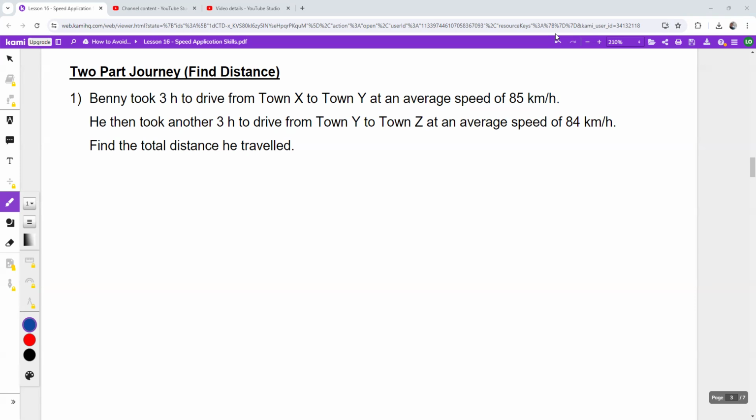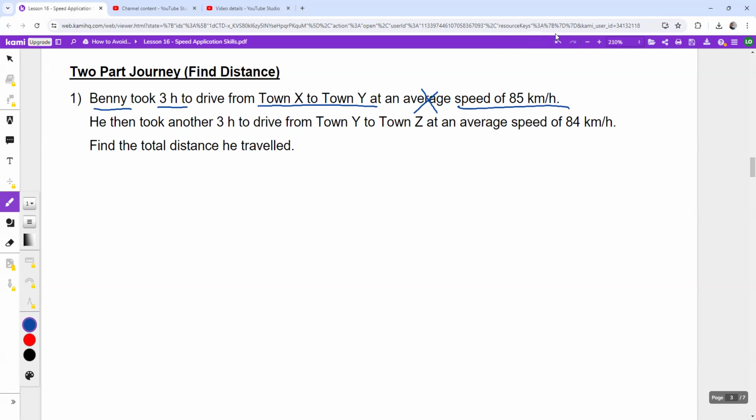If you look at the question, Benny took 3 hours to drive from X to Y at a speed of 85 km per hour. Now, the word average can be quite confusing for some students, because later on in the next lesson, you find that students make a very common mistake of finding average using the concept they learned in P5.